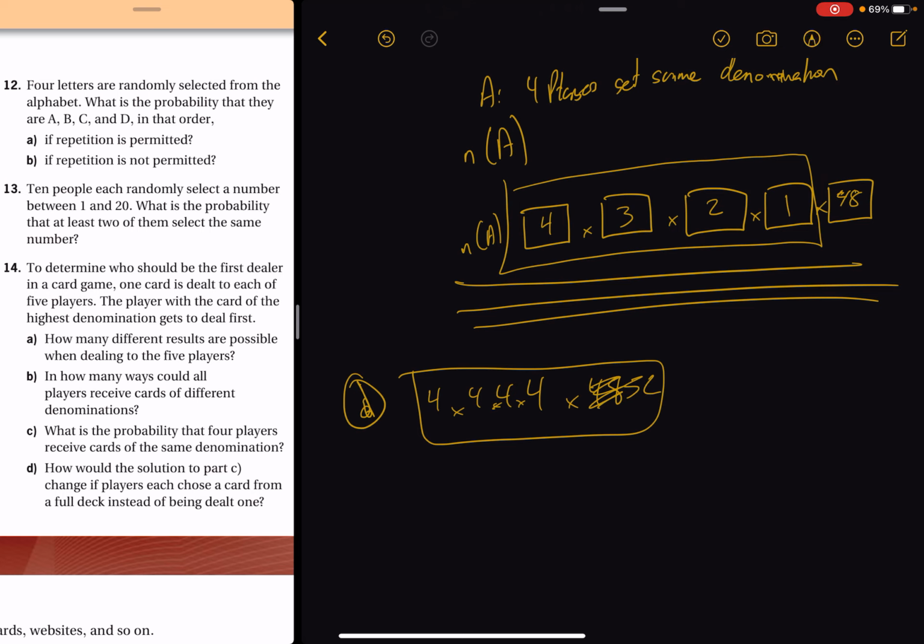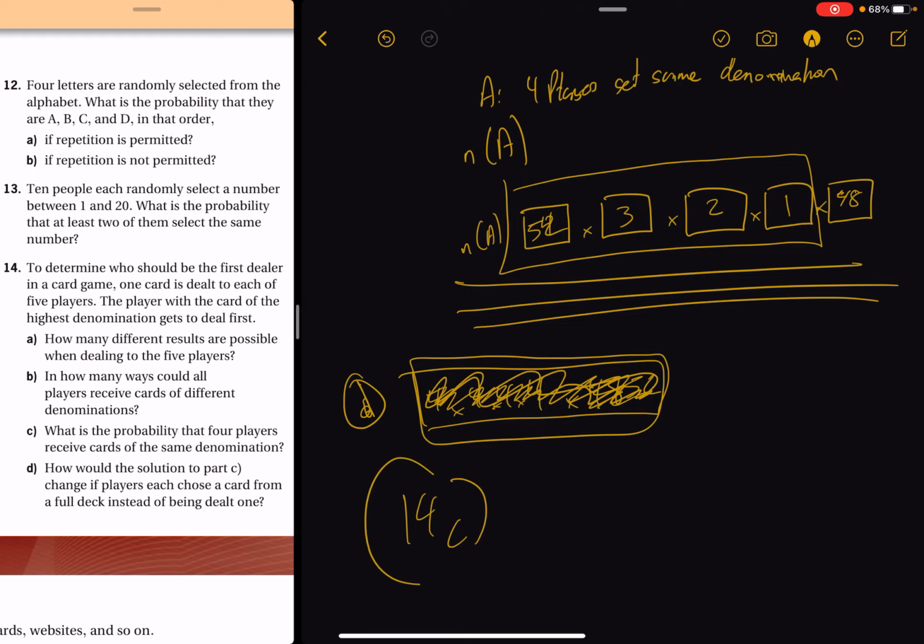How would the solution change if the players chose a card from a full deck instead of being dealt one? Oh, okay, so it's basically 4, 4, 4, 4, and 52. And to be honest, that's not right, actually, because the first one would be 52. Okay, let's save this 14C for more class discussion at a later date.